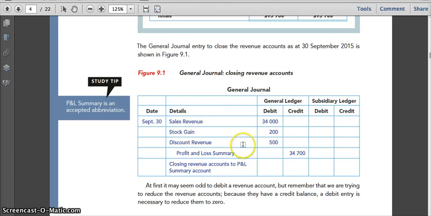We add up all those figures and summarize that figure because of the profit and loss summary, and that goes into the general ledger with the narrative of closing revenue accounts to profit and loss account.